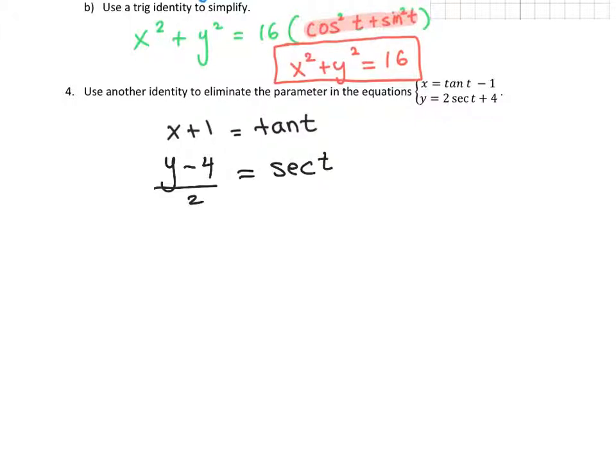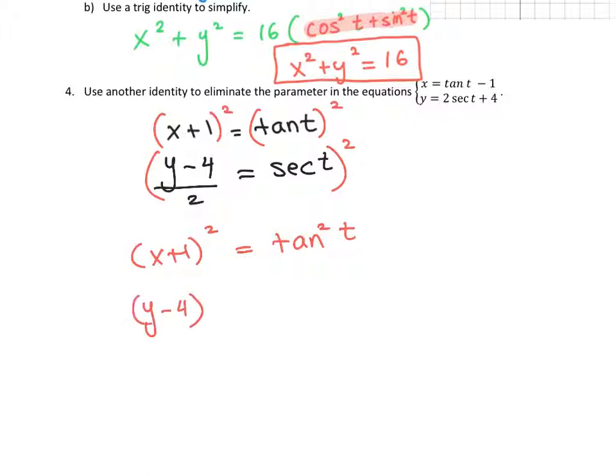So I just isolated the trig in each one of them. What I need to do next is square both of them. And this is what I'll get. x plus 1 squared is equal to tangent squared t. And y minus 4 squared over 4, since I'm squaring this whole fraction, is equal to secant squared t.